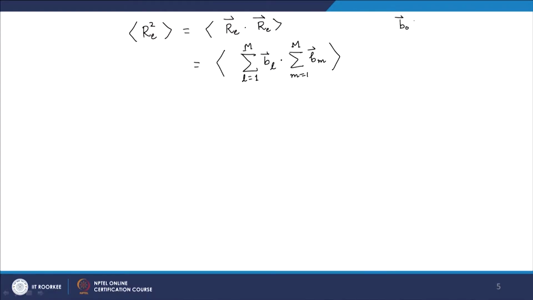For example, think of multiplying the sum with itself.